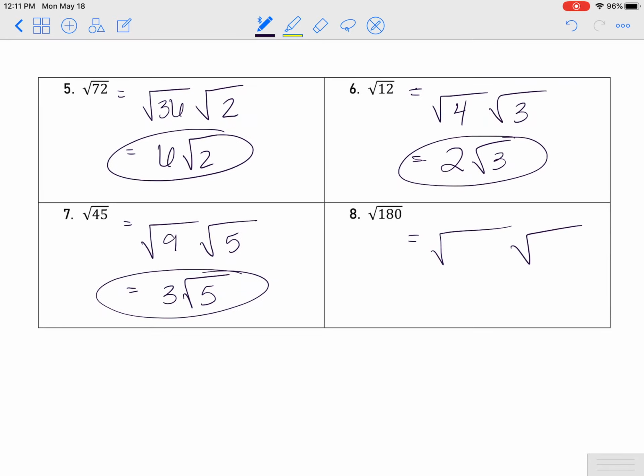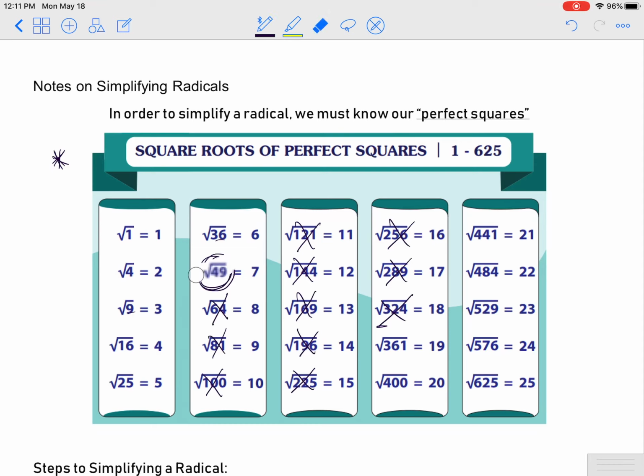Again, if you need to, go back to this chart. So 180 is right about here. So you're going to use these numbers to divide into 180 and see which one works. So go ahead and take a couple minutes to do that, and then come back and check your answers.